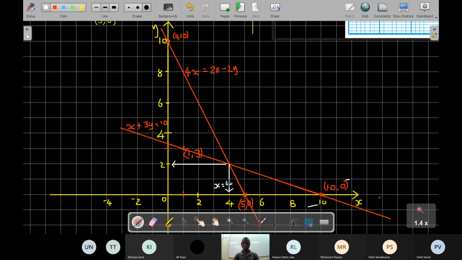So x will be equal to 4, and then y will be equal to 2.